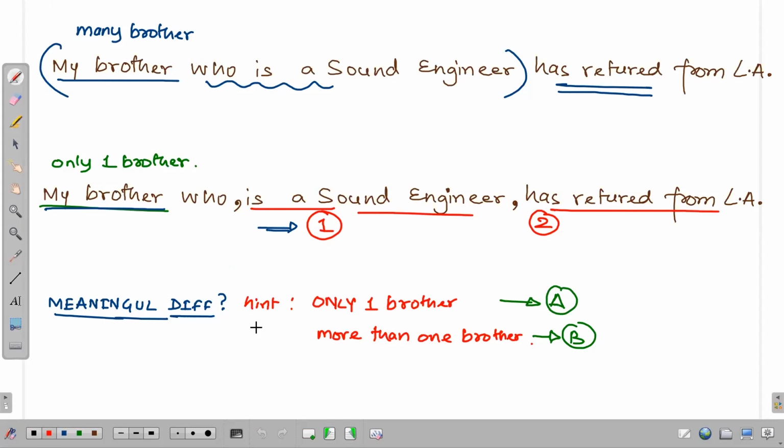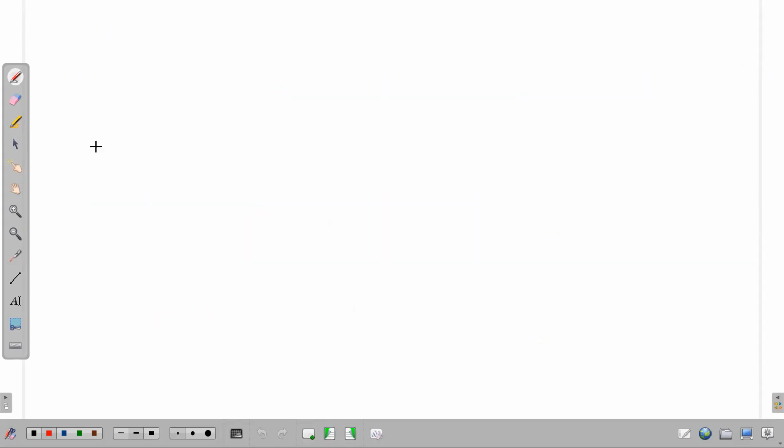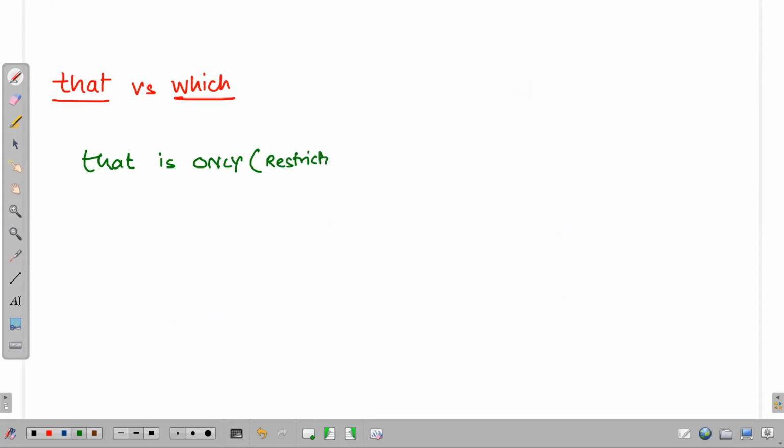Why I've told you these restrictive and non-restrictive cases is because there is always a confusion with that versus which, and this is a very commonly asked concept in your mocks and in your exams. So just keep that in mind. That is used in a non-comma sentence. I'm using the word only, or you can say restrictively used, in a non-comma sentence.